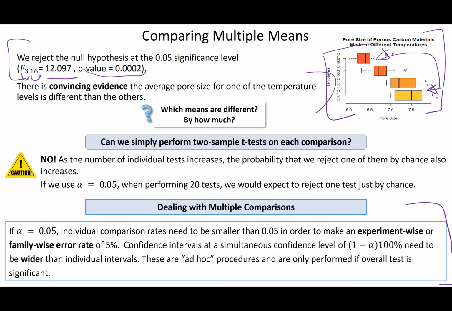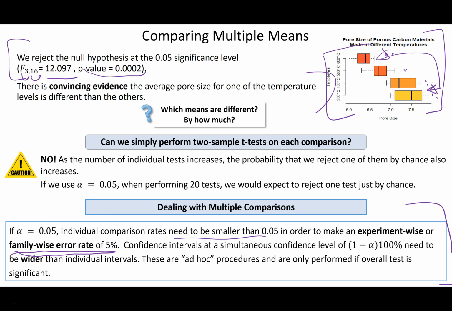In multiple comparisons, we start talking about this thing called family-wise error. I've also heard experiment-wise. But the idea is we need to adjust our alpha values or our p-values to account for the fact that we are making multiple tests at once to keep the family-wise error rate at 5%. So if you run 20 tests, you want your type 1 error set at 0.05, you want the probability that I reject at least 1 test to not be any higher than 5%.